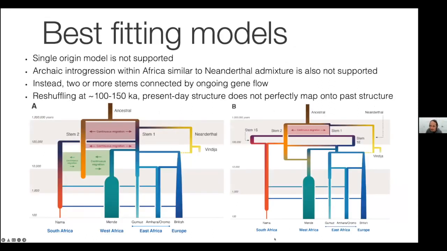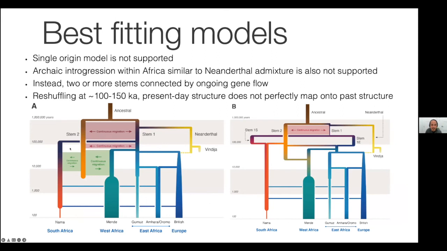So we have South African populations, West Africa here, the Gumuz and the Amhara and the Oromo here. We have our pipes, and a whole bunch of migrations between them. What we find is that across our models, we're doing a pretty consistent job at predicting what happened in the last 75,000 years.